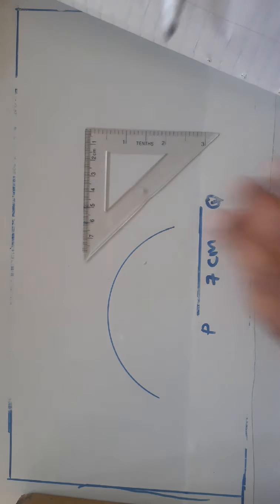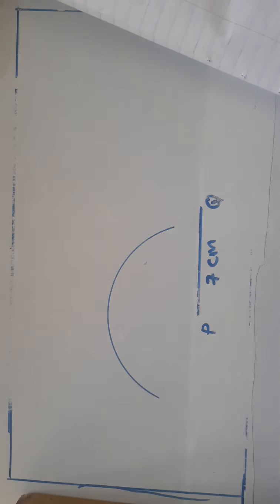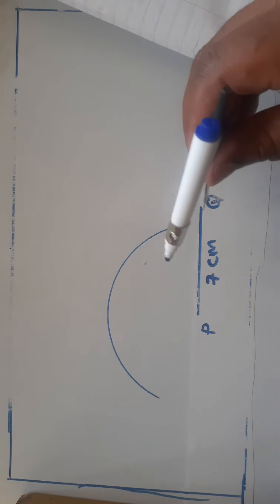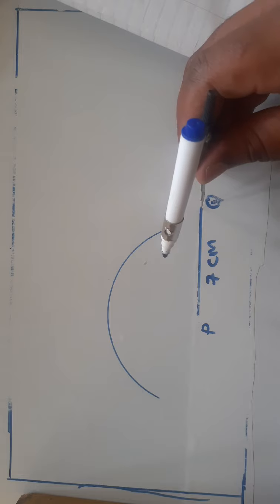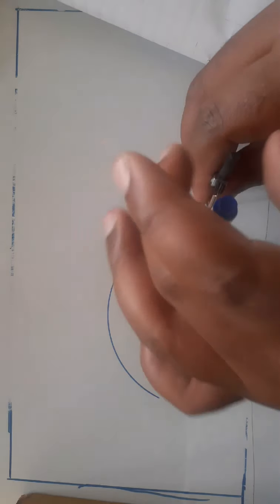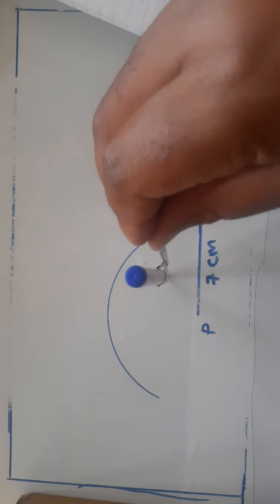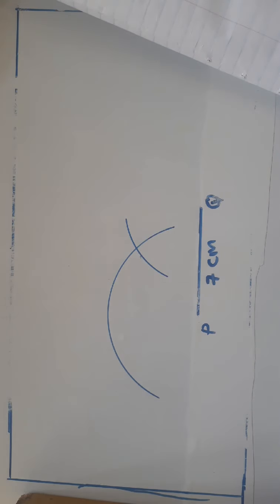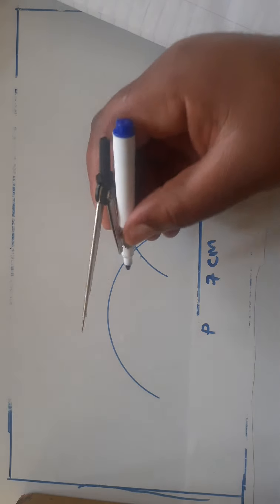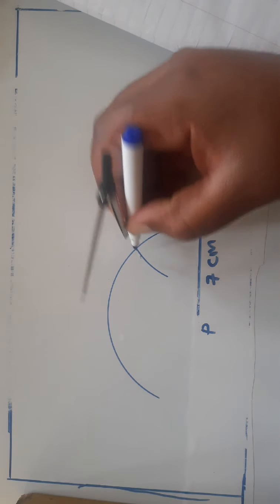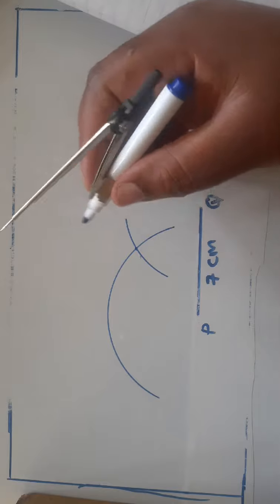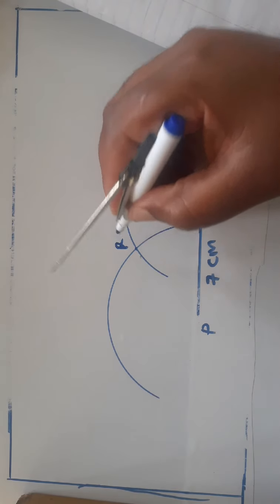Then my center point here will be Q. I hope you have seen the point of intersection. Here where the two arcs are meeting, that is where R is supposed to be. So this is the point R.